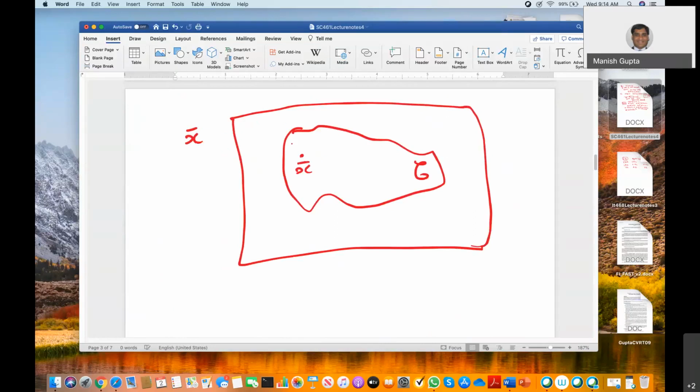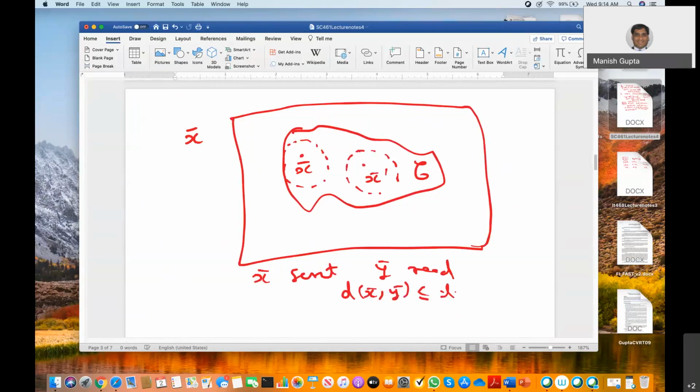Suppose X is sent, and this is another vector X prime. X is sent, Y is received, and t errors occur. Suppose the distance between X and Y cannot exceed t.